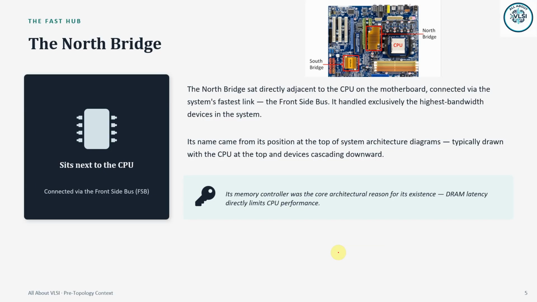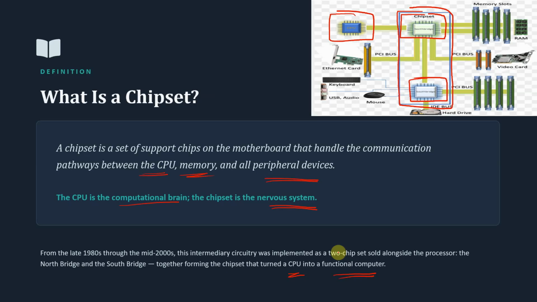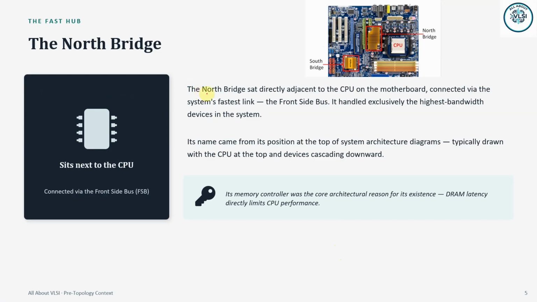Now, we are going to have two chips. Let us first try to understand what I mean by North Bridge. This North Bridge sat directly adjacent to the CPU on the motherboard, connected via the system's fastest link, which is my front side bus, the FSB. You can see in this diagram, this is my CPU, and it is connected to this North Bridge.